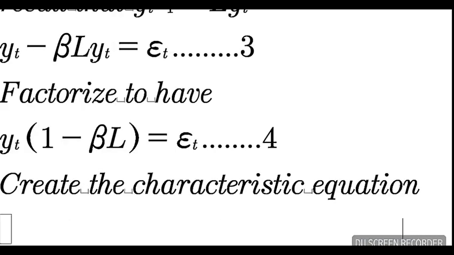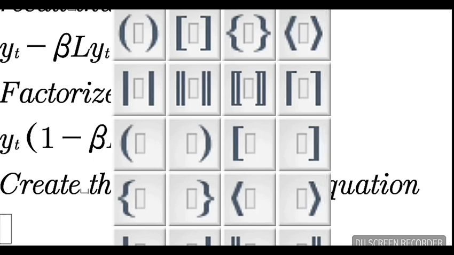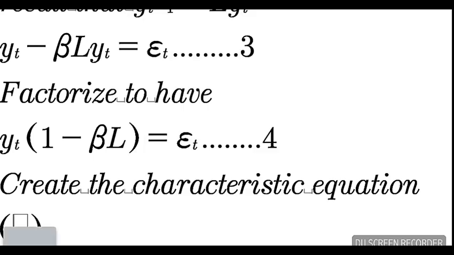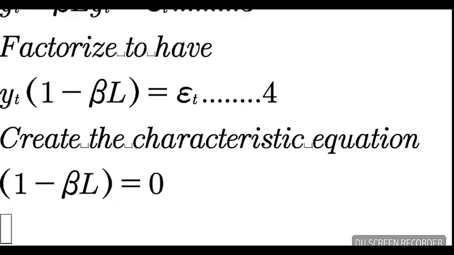This is done by setting the coefficient of y sub t on the left hand side of equation 4 equal to 0. Doing that we have 1 minus beta L equal to 0.